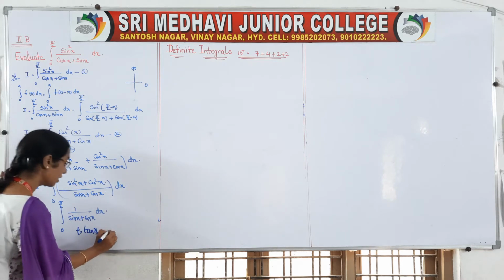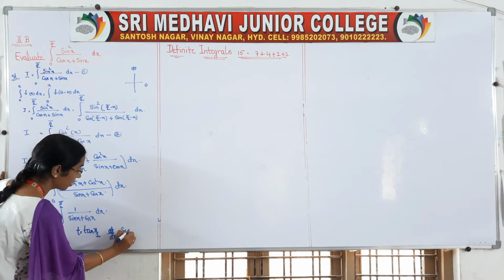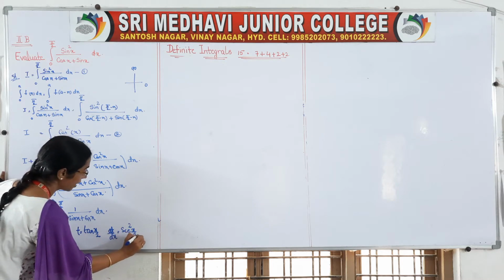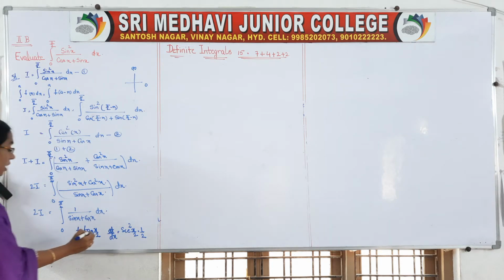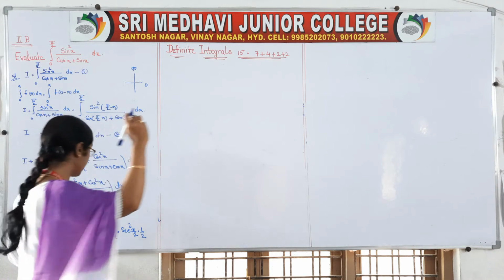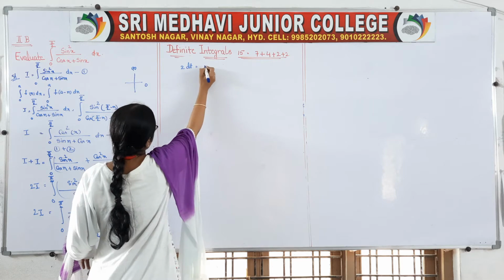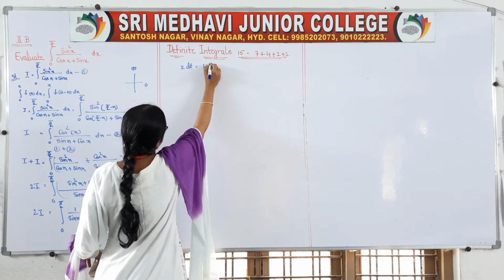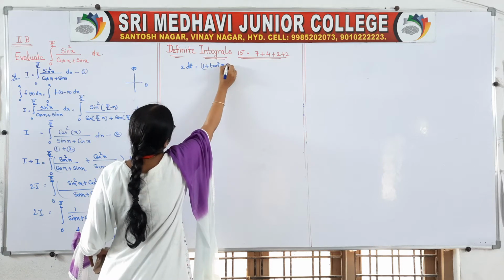Differentiating with respect to x, dt by dx is equal to secant square x by 2 into 1 by 2. So we differentiated with respect to x on both sides. Take 2 this side: 2 dt is equal to secant square, which we can write as 1 plus tan square x by 2, into dx.